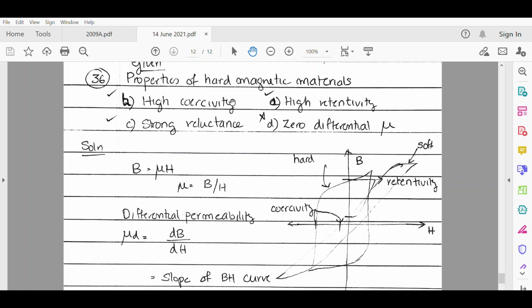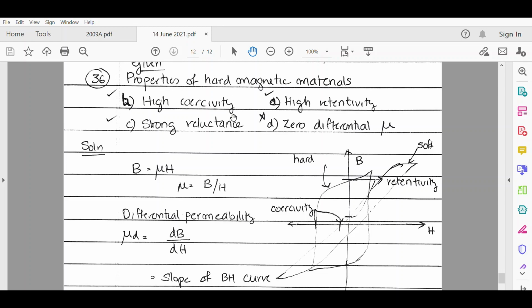So if we were to analyze the options, the first option A, high retentivity, is a correct option. It is a property of the hard magnetic material. Now the second option B, high coercivity, it is also shown by hard magnetic materials.